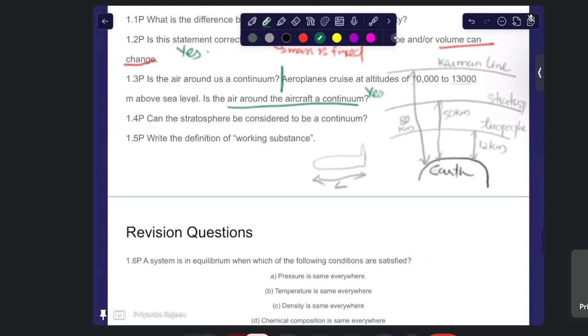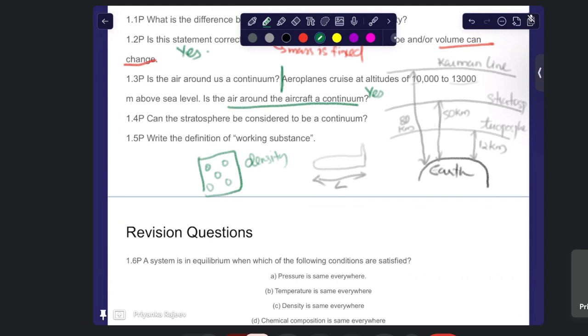Then, can the stratosphere be considered to be a continuum? Again, as the altitude is increasing, the density of air is going to decrease. Density is a measure of mass per volume, that means the amount of matter contained in that volume.